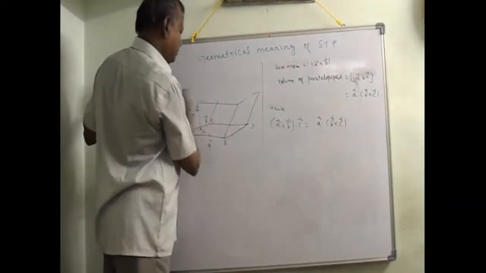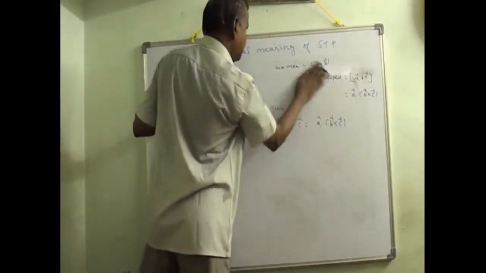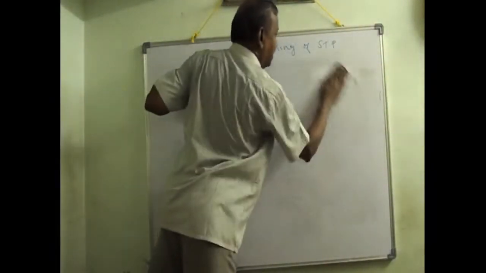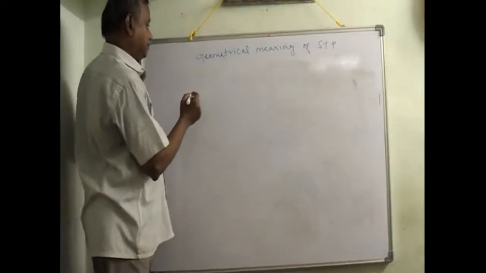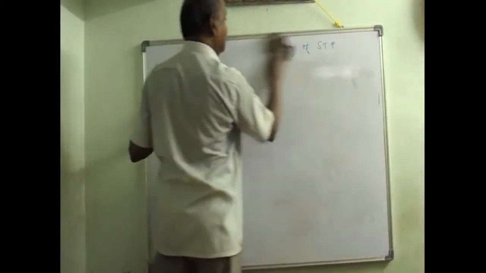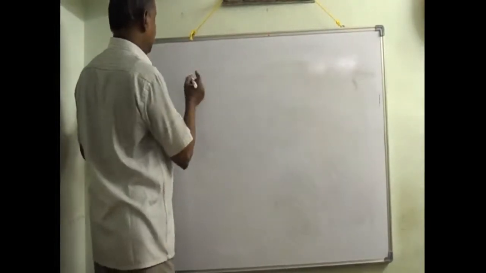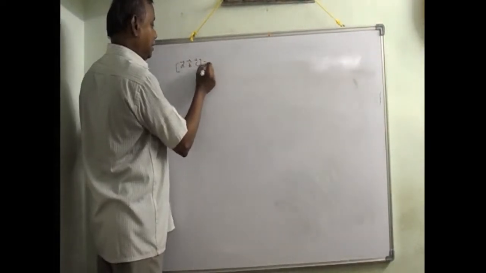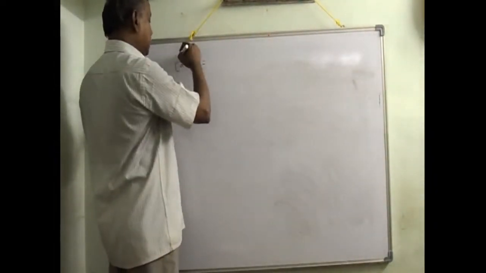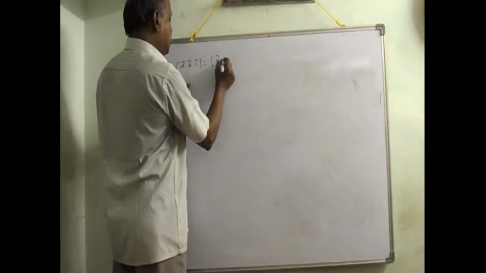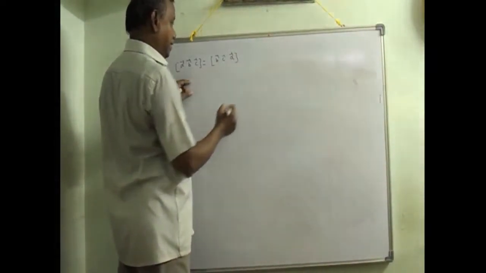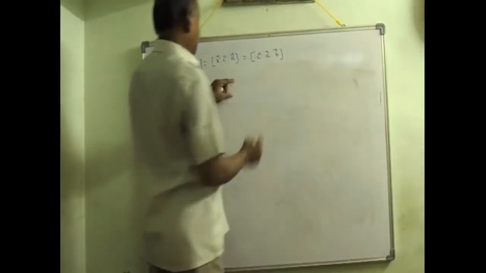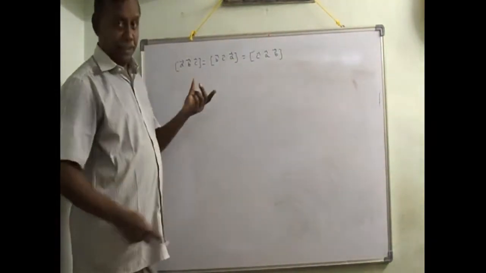That means the cyclic permutation: STP of A vector, B vector, C vector is equal to the cyclic permutation, that is A sent to the last, B, C, A, which is equal to C, A, B. So this is called cyclic permutation, that is cyclic arrangement.